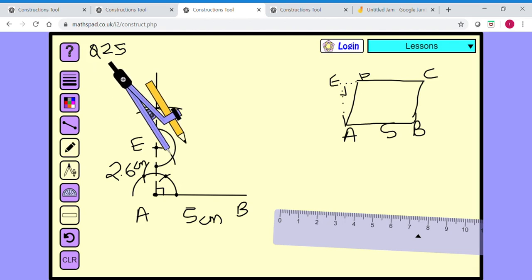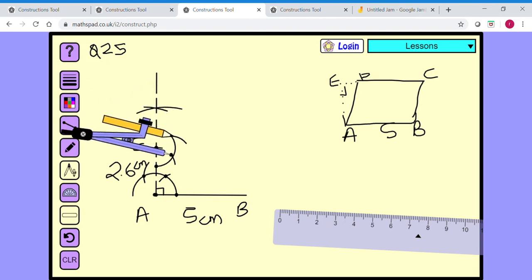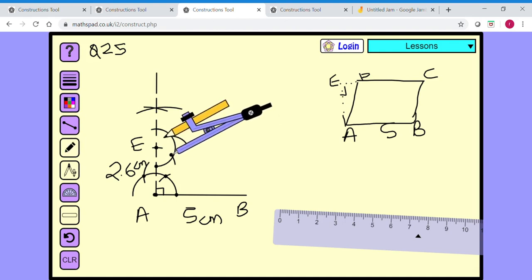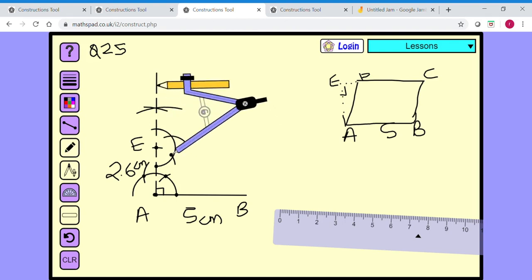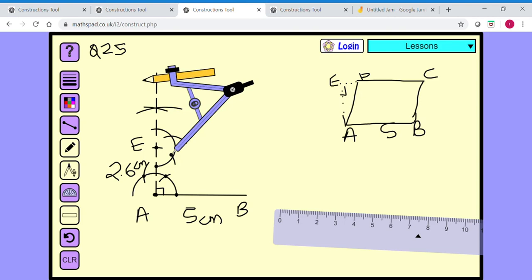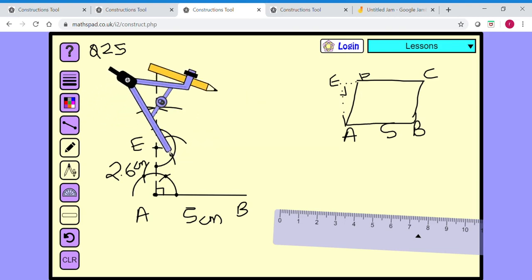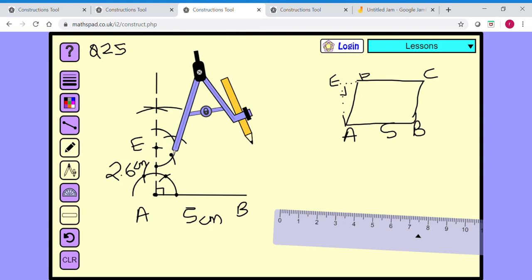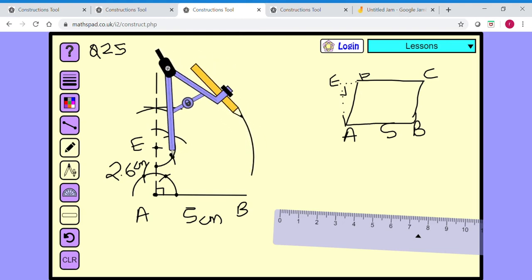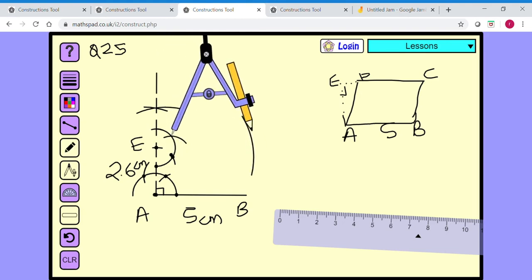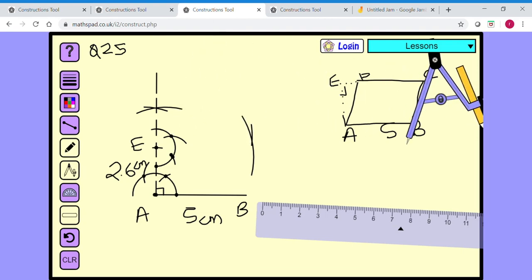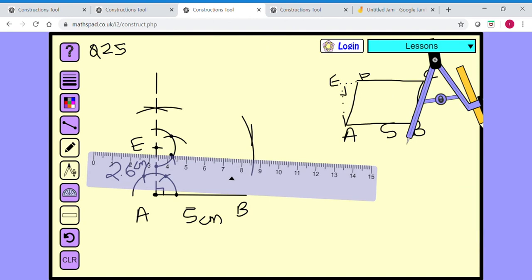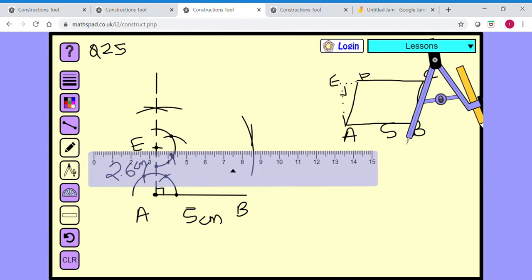I keep it at the 60-degree mark, and this gives me the 120-degree mark. Increase span, keep it at the 60-degree mark, and draw an arc somewhere here, keep it at 120 degree, draw an arc somewhere here. This gives me a 90-degree line. I will join it with E.